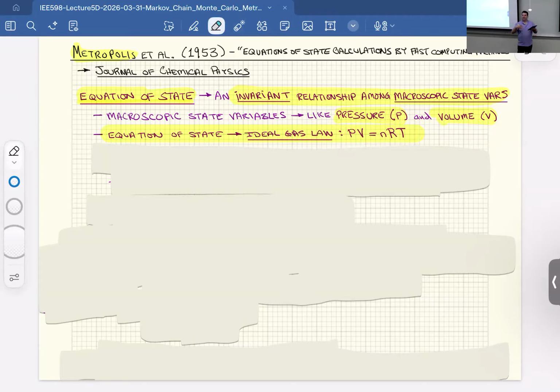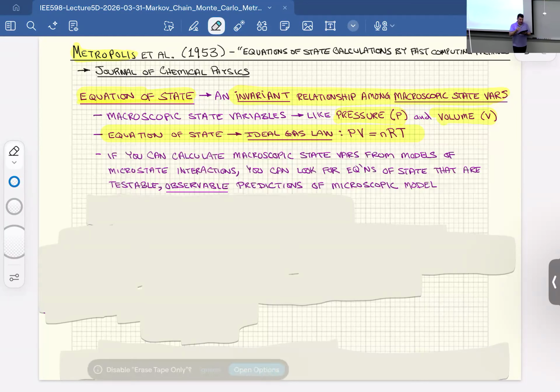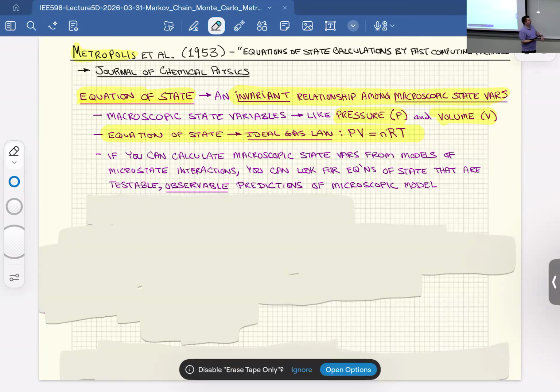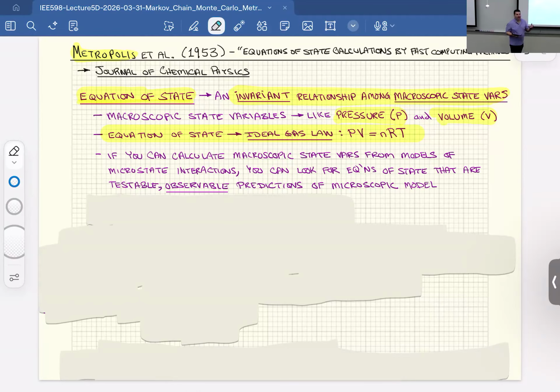So you can say, oh wow, for this ensemble of microscopic properties, whenever we calculate pressure and volume, they relate to each other by this equation of state. So that's what people were looking for there. If you can calculate macroscopic state variables from models of microscopic interactions, you can look for these equations of state, and those are testable, observable predictions of those microscopic models.